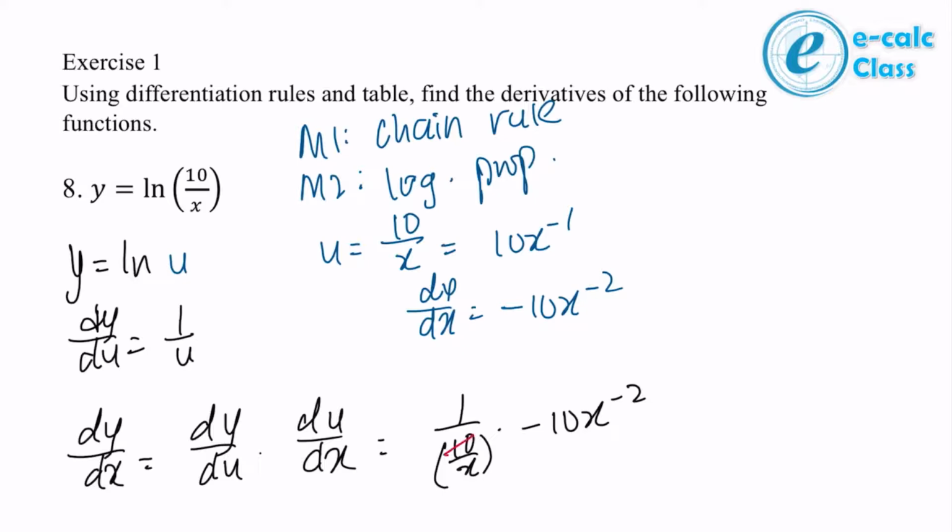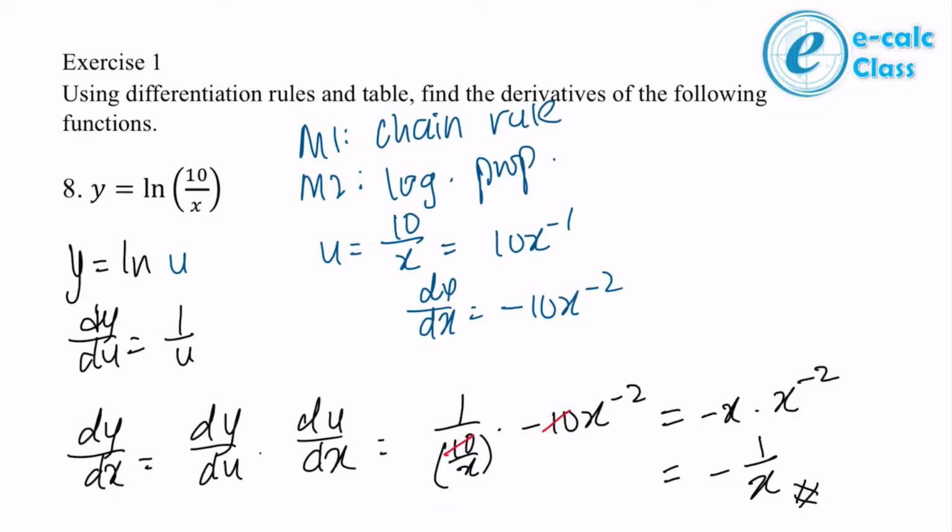This 10 and 10 can cancel, and you play with that one. It is actually negative x times x with negative 2, which is negative 1 over x. Okay, so this is the chain rule. Actually, there's no need to do all this chain rule here.